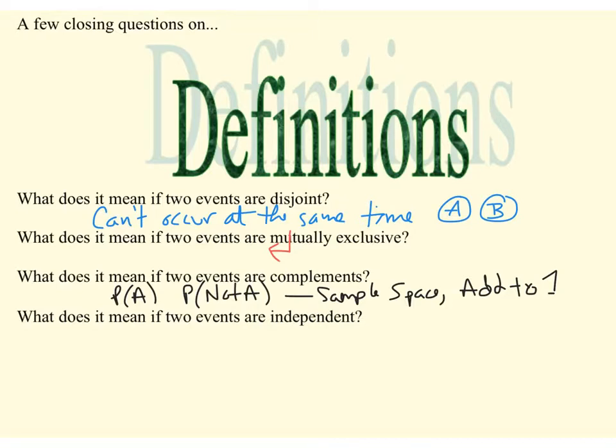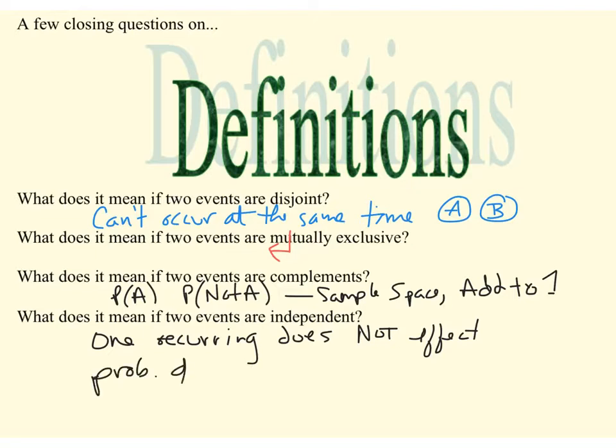It means that one event occurring does not affect the probability of the other. Best example, easiest example, of course, is flipping coins. Each flip is independent of the flip before it. The probability is still 0.5.